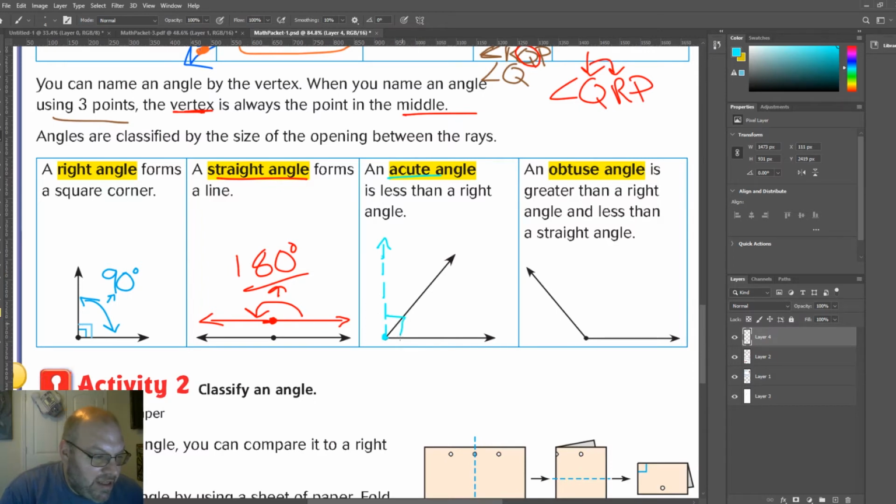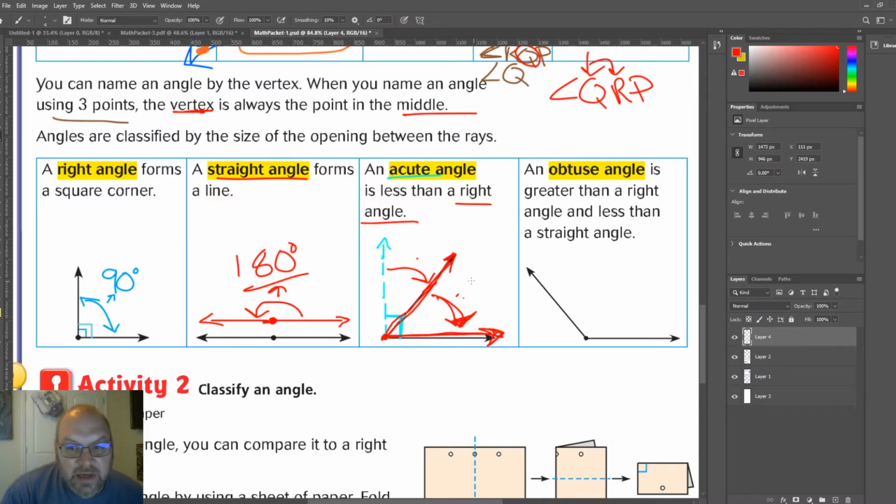So I'm going to say this is a right angle right here. This acute angle, this angle right here, is less than 90 degrees. So it's less than a right angle. So this part plus this part is 90 degrees. This is less than the 90 degree angle, right? Do we see that?